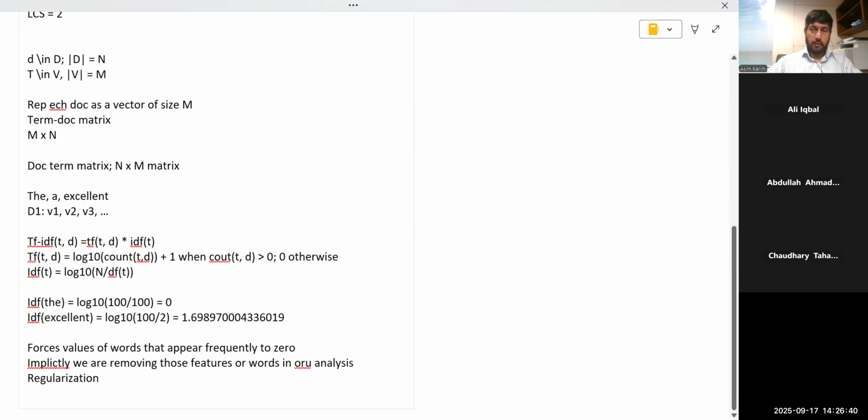So obviously this is not a machine learning course, so I won't be able to go into details of regularization and other stuff. But for those who have taken this, they can go back and refresh their understanding.